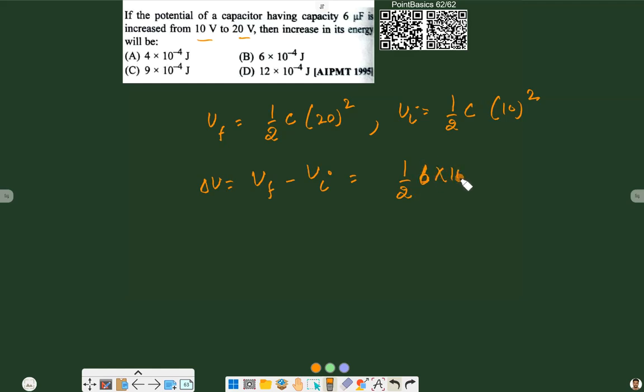So 6 into 10 raised to power minus 6, times 20 square minus 10 square, that is 400 minus 100. This is 3. So 3 into 10 raised to power minus 6 into 300 comes out to be 9 into 10 raised to power minus 4 joule. Option C is the right answer.